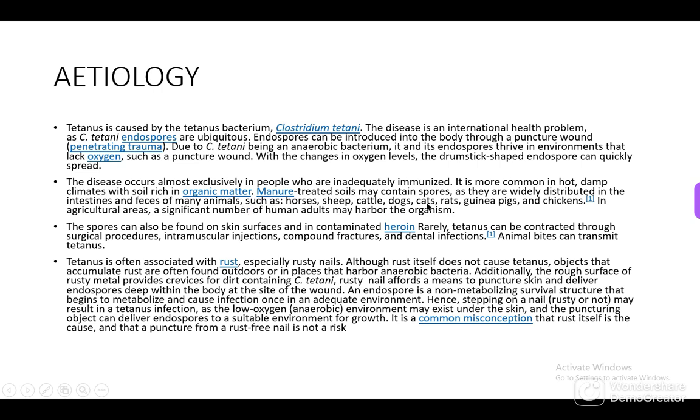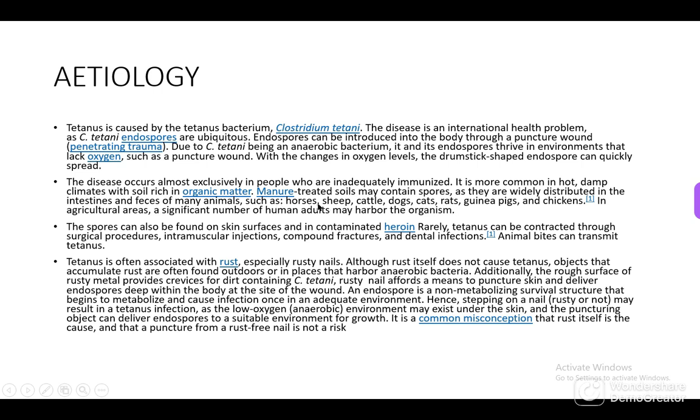It needs organic matter, manure. Those people who are gardeners, cattle keepers, shepherds, those looking after forest management, and those related to poultry are at risk.